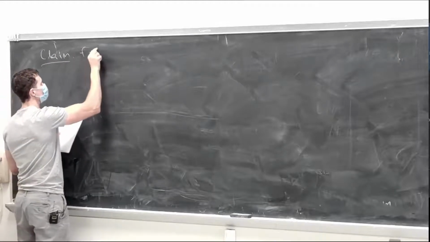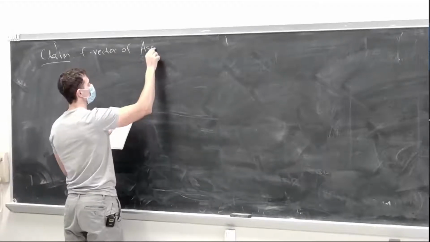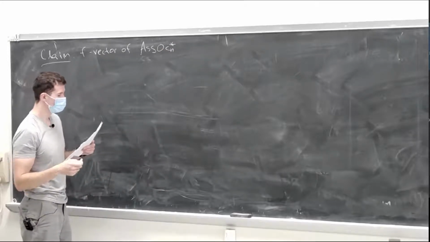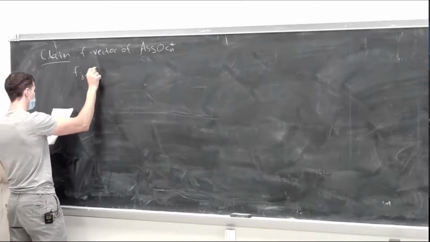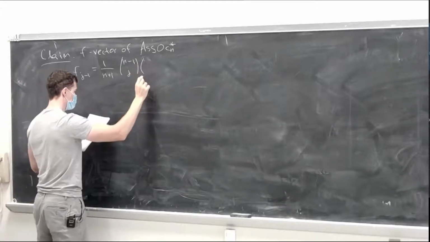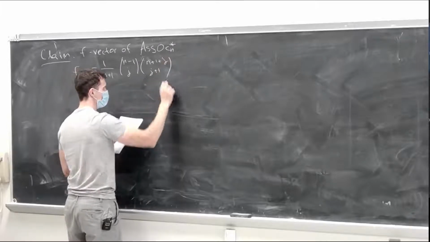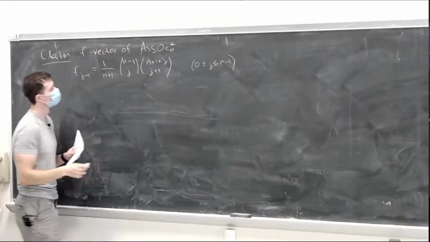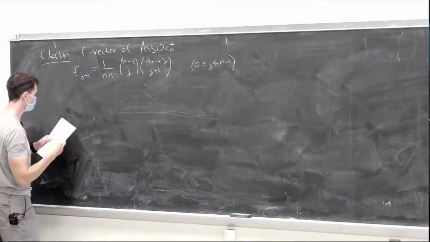The f vector of the dual associahedron, because we want the h vector to be non-negative and symmetric, is given by some formula. f sub j minus 1 is 1 over n plus 1 times n minus 1 choose j times n plus 1 plus j choose j plus 1, for j from 0 to n minus 1. Let's check this in an example.